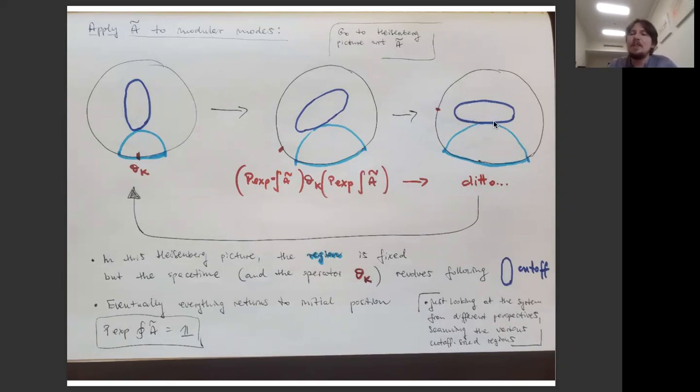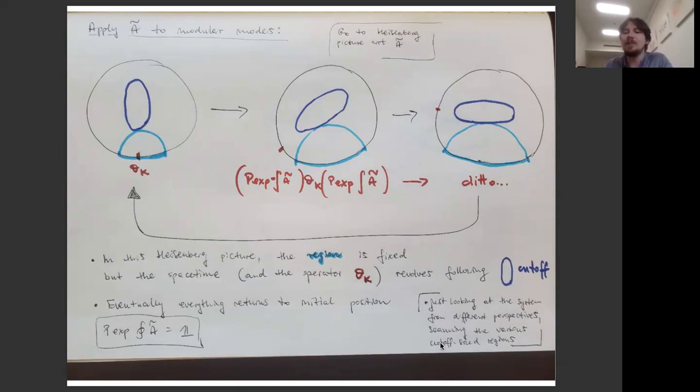And then I will continue shifting, so continue going to this Heisenberg picture as the regions are moving and moving and moving, and I will get always modular modes of this general type. Okay, so, and of course, by the time I come back to where I started, the operator will be unchanged because the path-ordered exponential of A tilde around the closed loop is just identity.